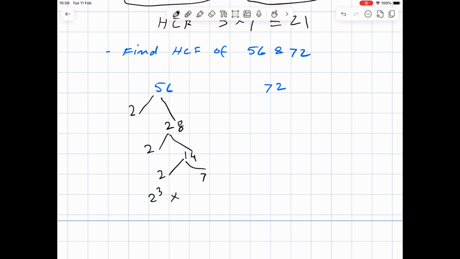So 2 cubed times 7. These are the prime factors for 56. And 72 is an even number. We divide by 2 and get 36. And then 36 is also an even number. Keep dividing by 2.